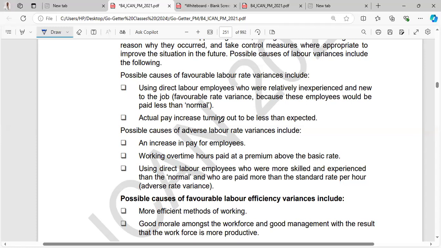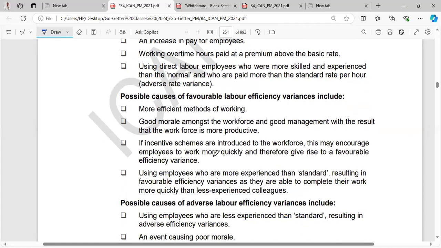Anytime people work overtime for you and you pay them an overtime premium, you are going to have adverse rates. Then when you are using employees that are skilled and experienced and you are paying them more, you are using higher grade laborers and paying them well, maybe expatriates, that leads to rate variance. What about efficiency variance? A favorable one is an efficient method of working that makes you save time.